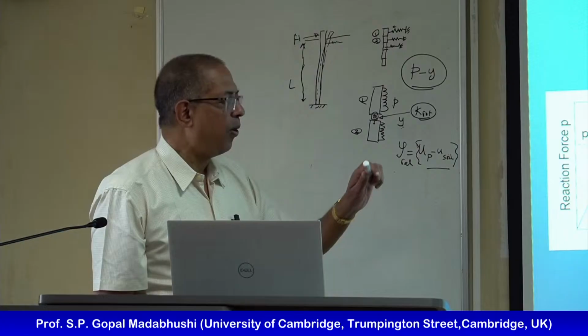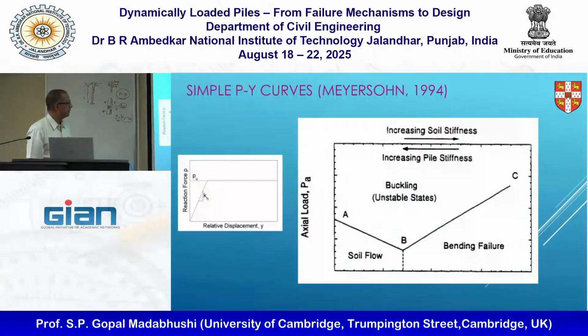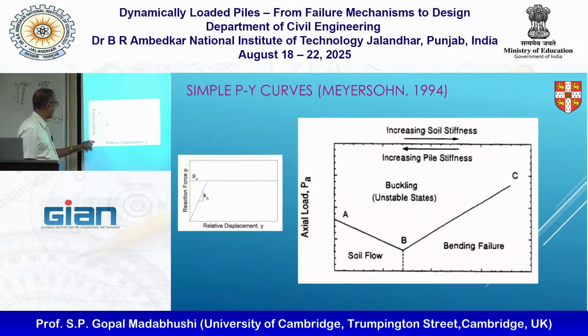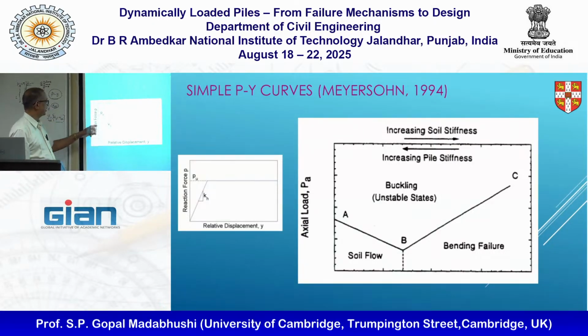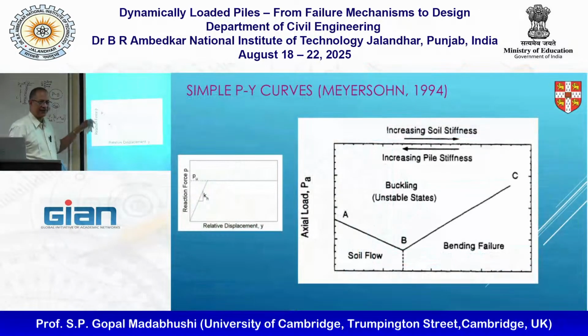So all we learned so far, we can put together. If I plot the relative displacement on the x-axis and the reaction force, P or pressure, on the y-axis, you can come up with some very simple relationships. At some point, the amount of pressure I can apply on the pile will be capped.